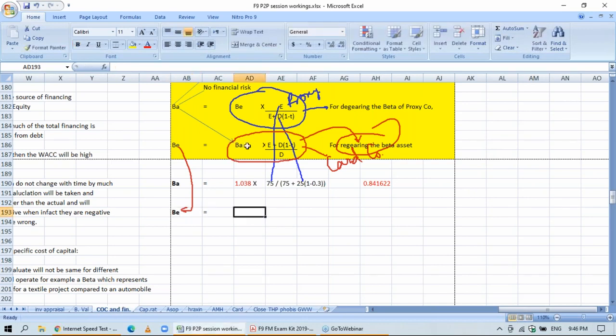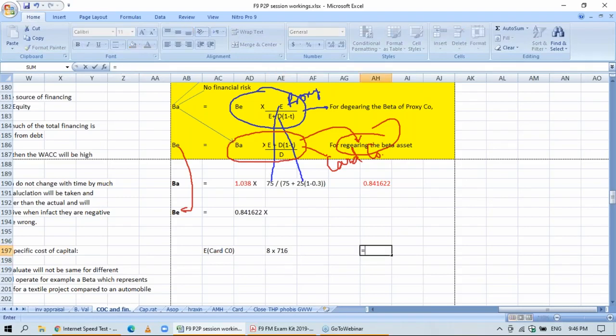So the formula we are using now is BA, which is 0.841622 multiplied by, we have to use E. So E for card company: the card company has issued 8 million ordinary shares, and the price of a share is 716.